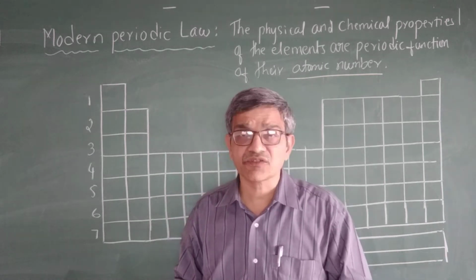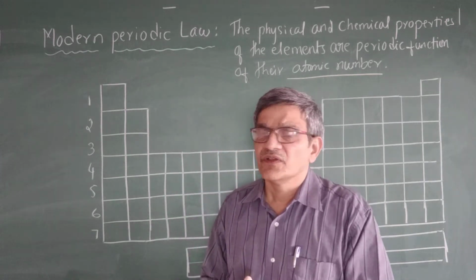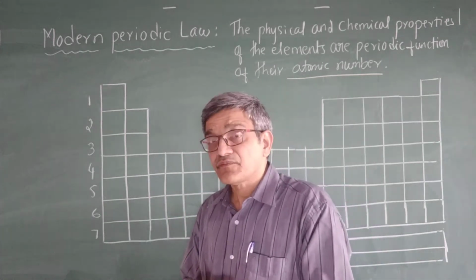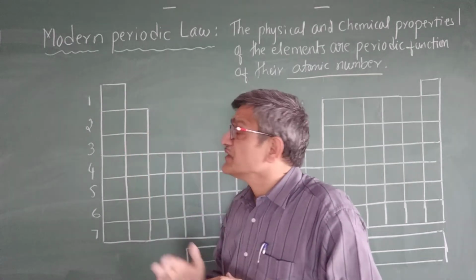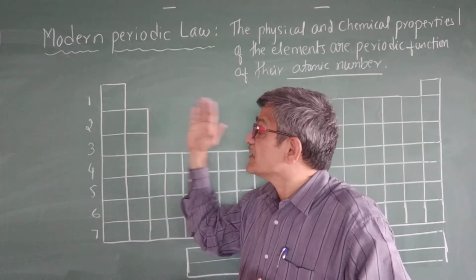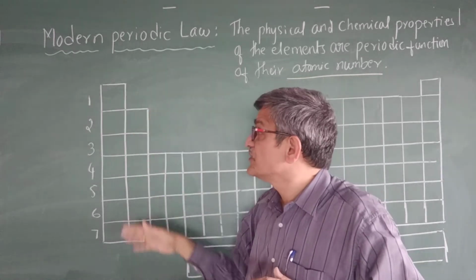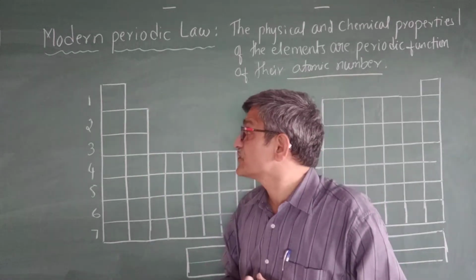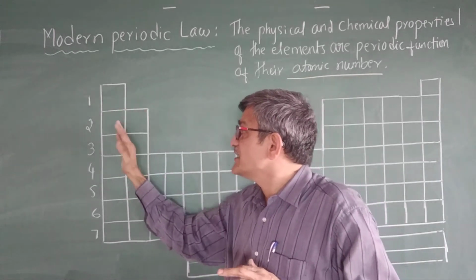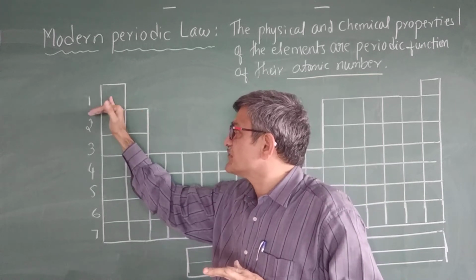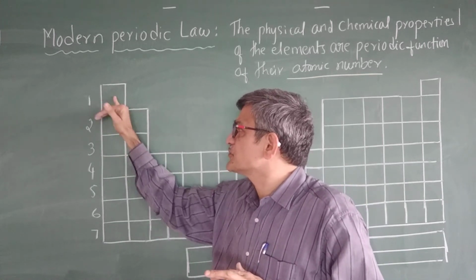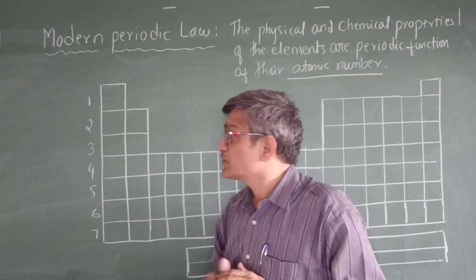Already you have studied the same thing in high school. What he made is groups, that is columns, 18 columns. On the left side there are two groups, the first and the second group.